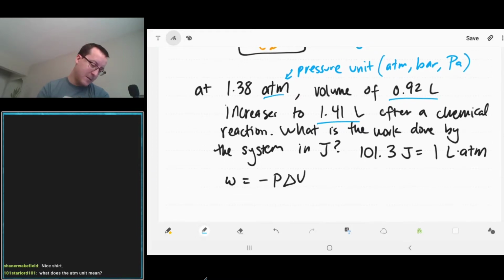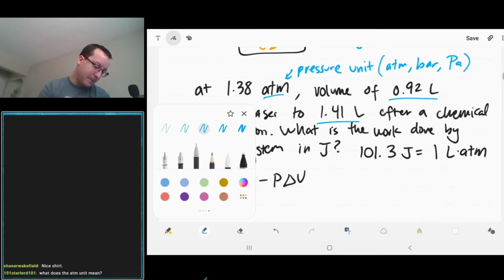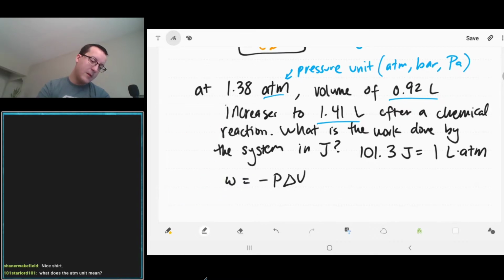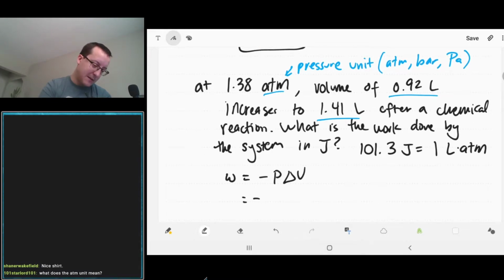Okay, so in this case, we have to identify which one is going to be which. We've seen our pressure, so we know that's our P. Delta V is going to be the change in volume, right?